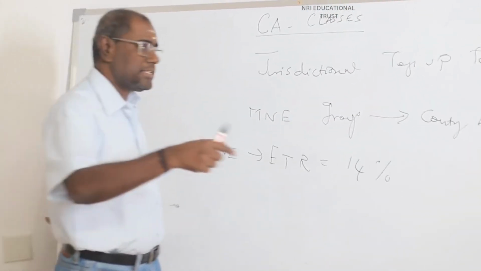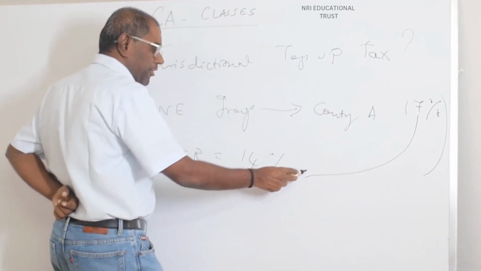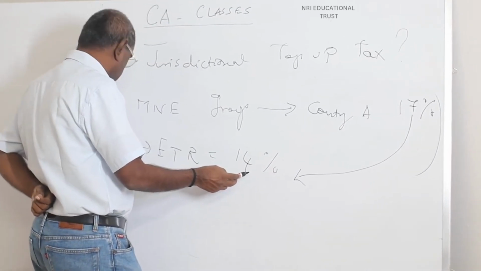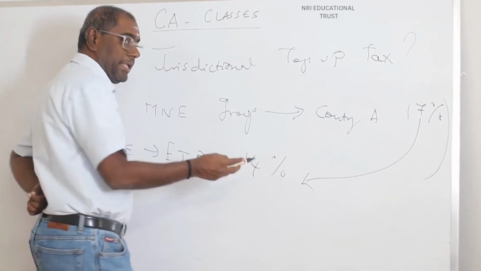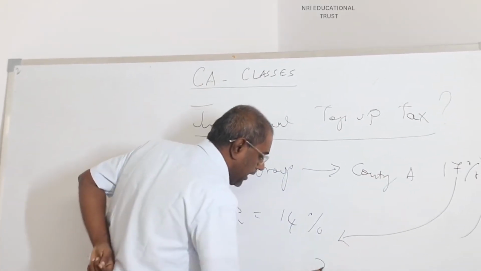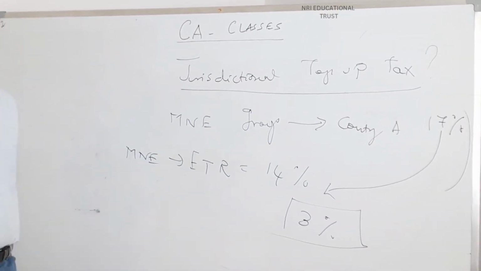Now the domestic tax rate is 17%. The difference between domestic tax rate and the effective tax rate is called jurisdictional top-up tax, nothing but 3% in this case.